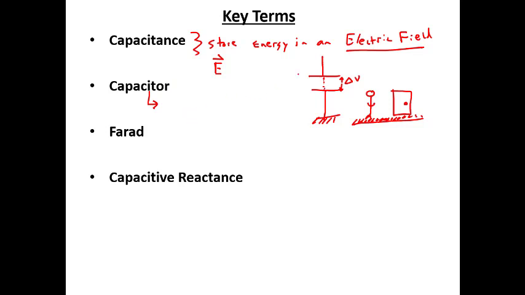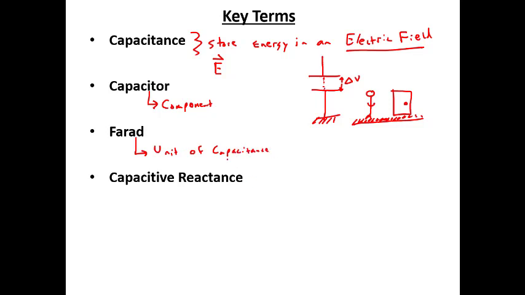A capacitor is a device that's designed to store energy effectively. So this would be our electronic devices that are designed to use electric fields and store energy. So this is our component, our actual device. The farad is the unit of capacitance.